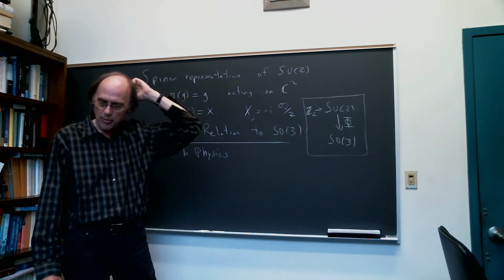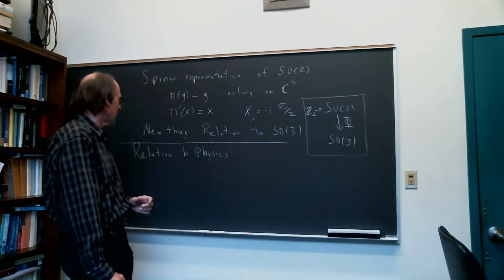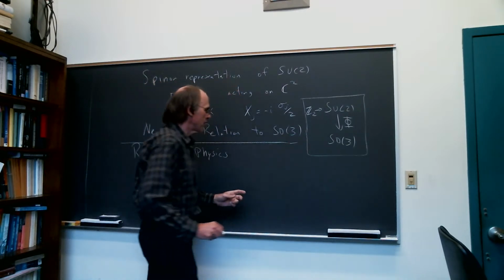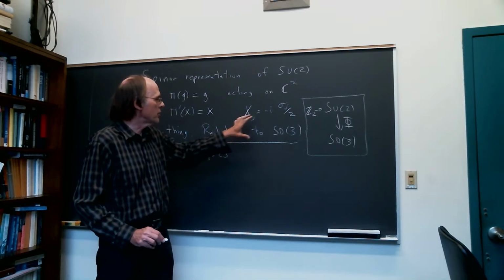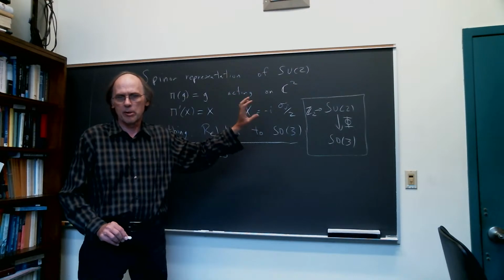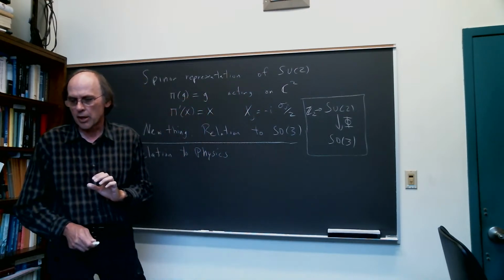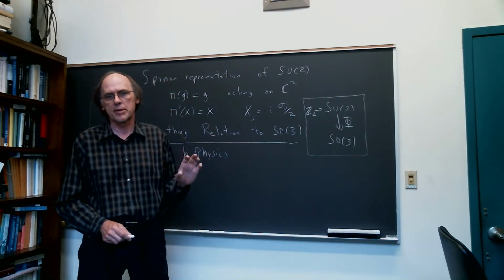But the interesting thing is that this has a lot of non-trivial relation to physics. I talked a little bit about what happens in a magnetic field. Let me put that in a little more context, especially for people who haven't seen this before.